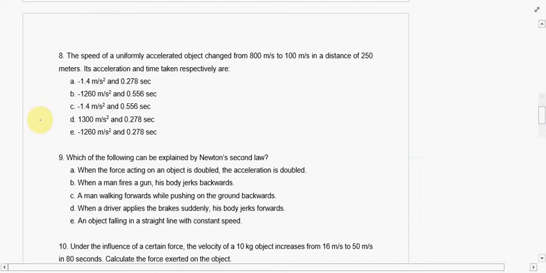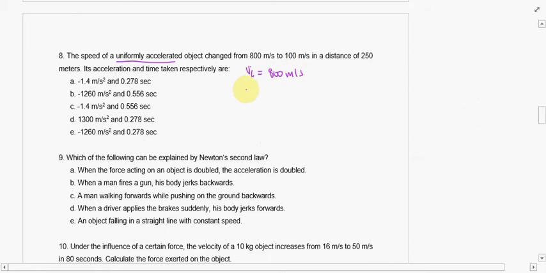Okay, number 8. Speed is still uniformly accelerated, so we've got quite a few uniformly accelerated motion equations. It changed from 800 meters per second to 100 meters per second. Whoops, that's not final, my initial velocity was 800, that's what I started off with.